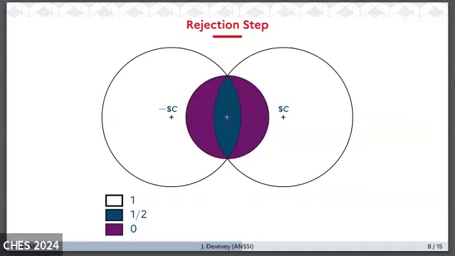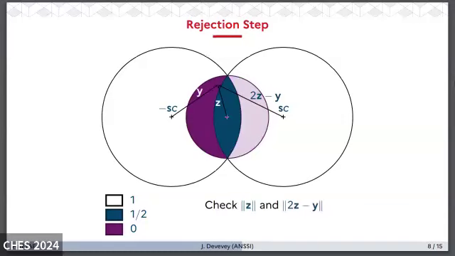But how do you know in which region you lie? You can actually compute two Euclidean norms, or just squared Euclidean norms, you don't even need to do the square root. The first one is, of course, the norm of Z, which tells you if you are in the colored ball or not.